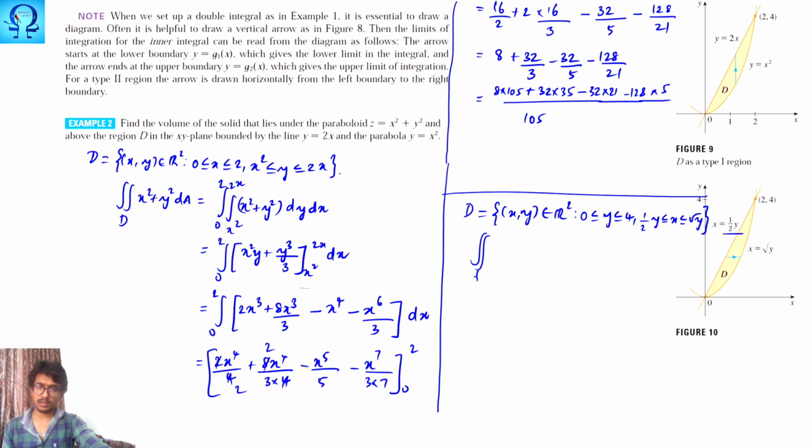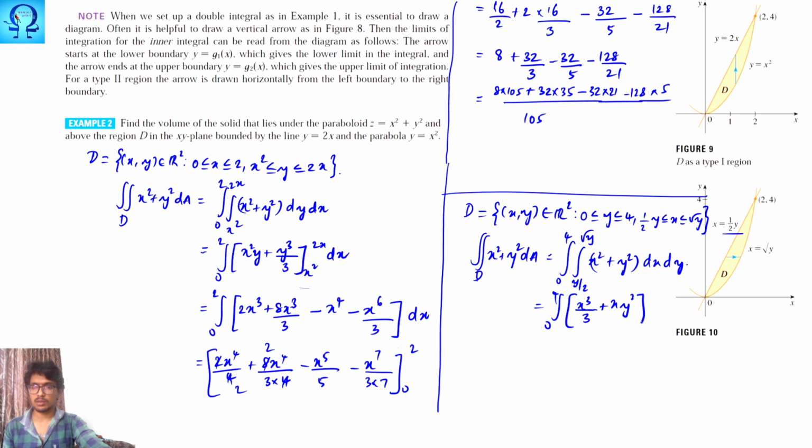So your integral of x square plus y square dA is going to be the integral from 0 to 4, integral from y upon 2 to under root y of x square plus y square dx dy. So this would be integral 0 to 4 of x cube upon 3 plus xy square over this.